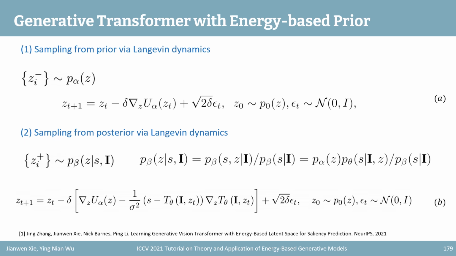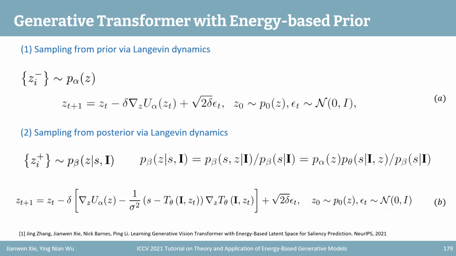To draw samples from the posterior p(z | S, I), we iterate the Langevin steps shown in equation B, which seeks to find z to maximize the joint density p(S, z | I), given the image and saliency map.